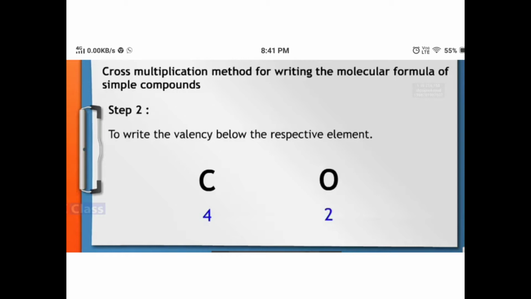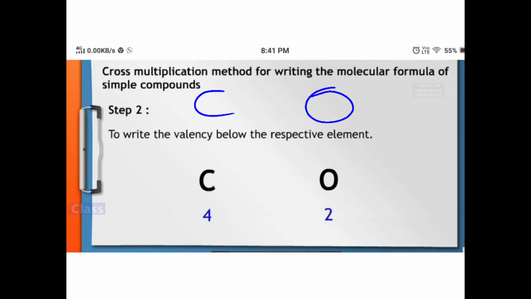Suppose you want to find out about the oxide of carbon, with oxygen. So we have written carbon and oxygen. These are the two elements. Now, second step, you are going to write down the valency of each element. So you should know the valency, only then can you find the formula.